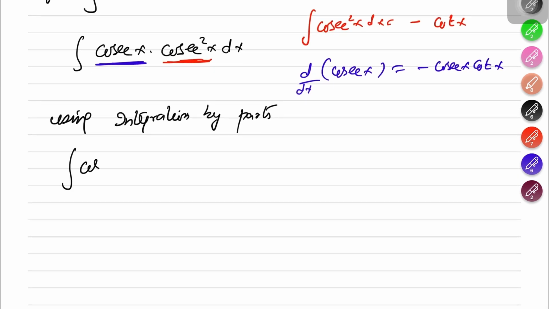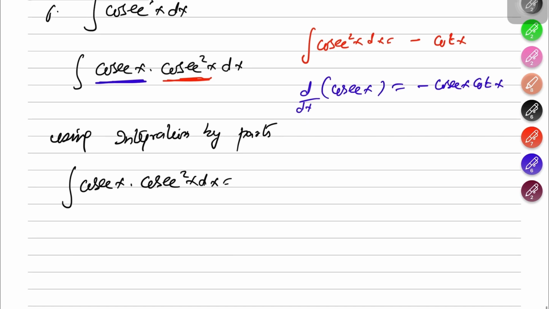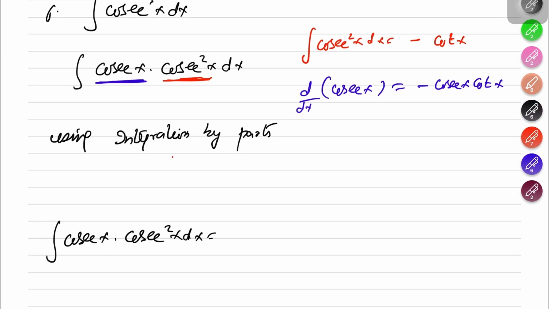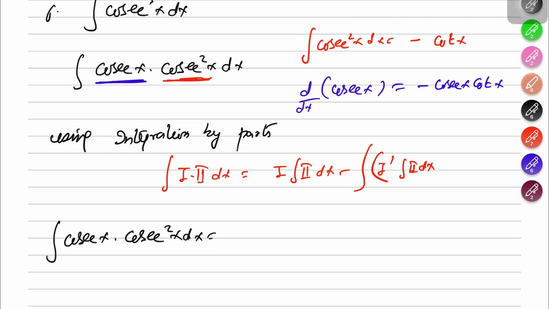Since we are using integration by parts, we know that if we want to integrate first function times second function, it is the first function as such times the integral of the second function, minus the integral of the differentiation of the first function times the integral of the second function dx.